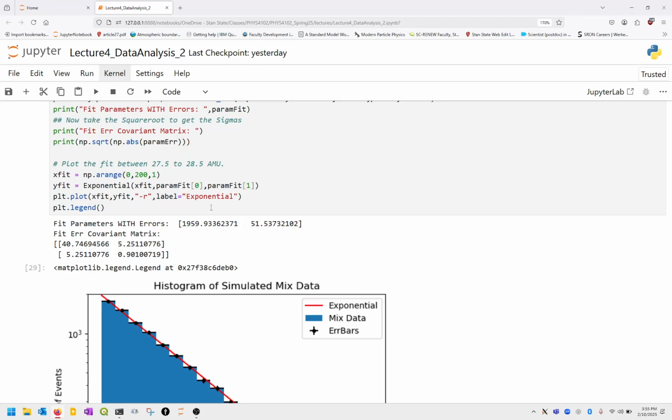So this number should be about 2,000. And this is the decay constant we put in, right? We put in 50, and it fit to 51.5, so that's pretty close. The uncertainty on the 2,000 is 40, and the 51 has an uncertainty of 0.9. So that's how you can put plus-minus signs behind the stuff you fit to.